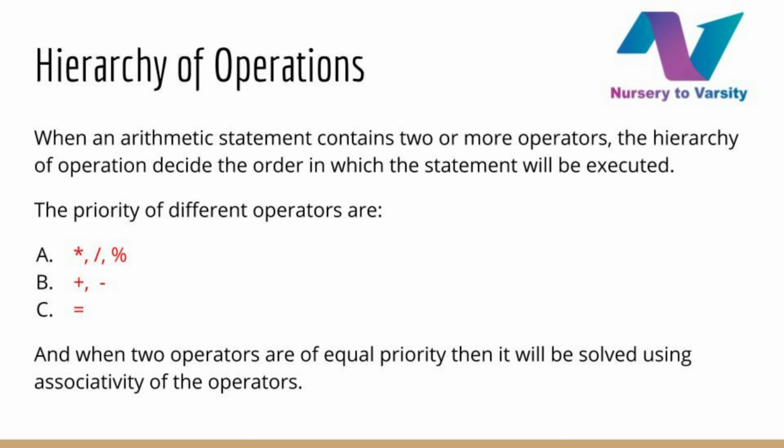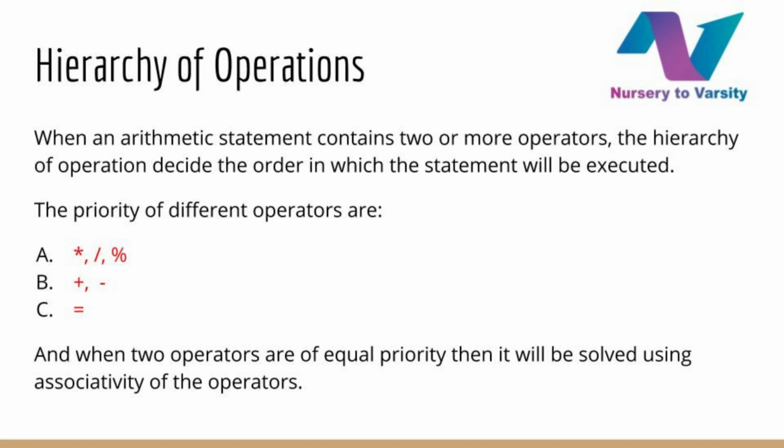When an arithmetic statement contains 2 or more operators, the hierarchy of operations decides the order in which the statement will be executed. The priority of different operators is: at first it is multiplication, division and modulus, at second plus and minus, and at third the equal to assignment operator.